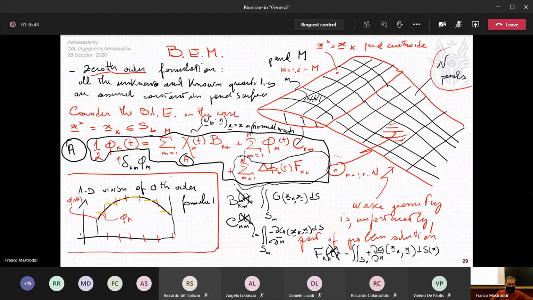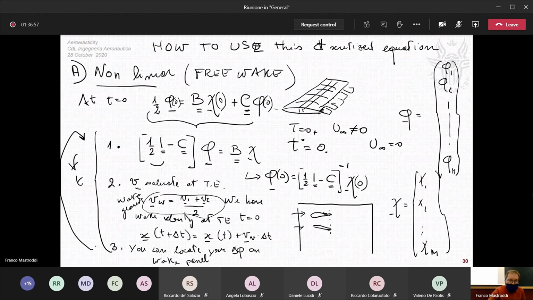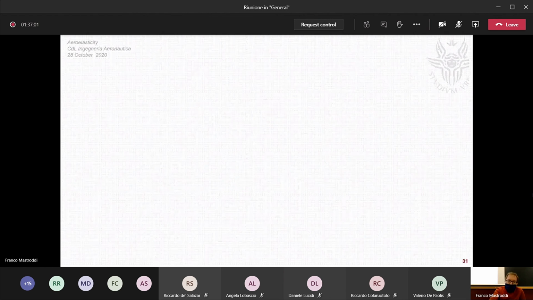But now we are describing just a part of this coupled process, okay? So now I want to go to describe not the nonlinear, but the linear approach.